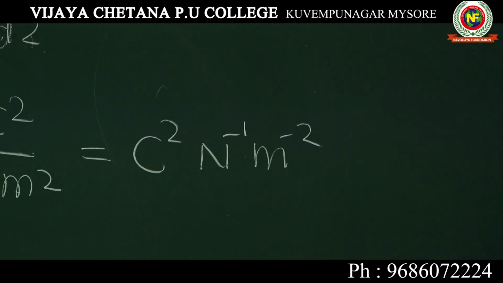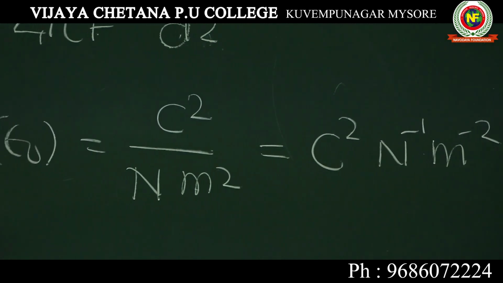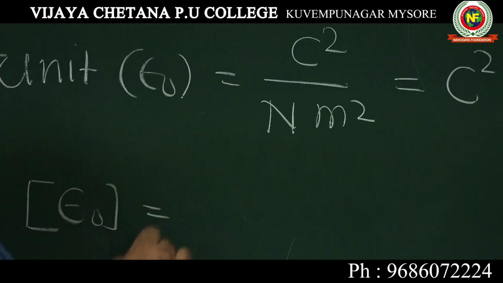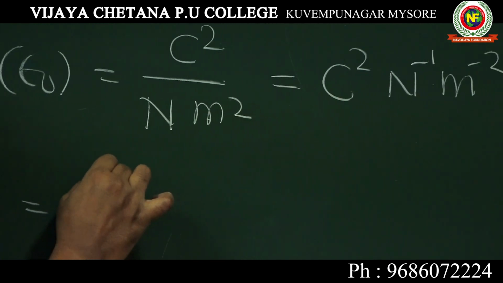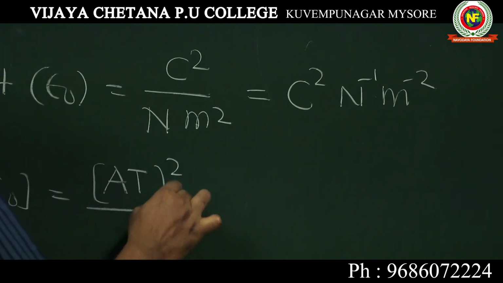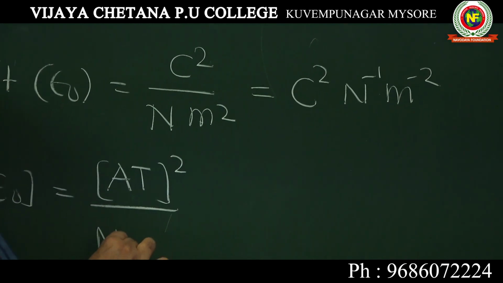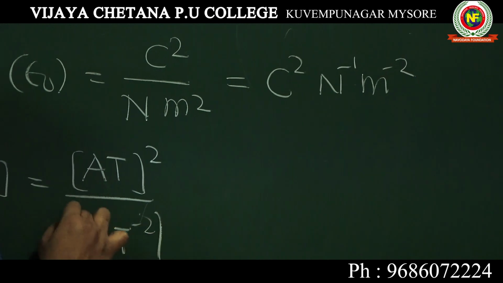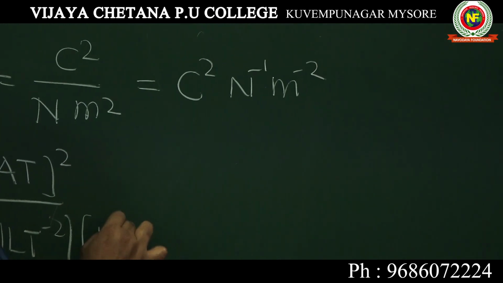Similarly, to write the dimension of epsilon naught: coulomb is AT, so coulomb square is A square T square, divided by Newton, M L T minus 2, and meter square, L square.